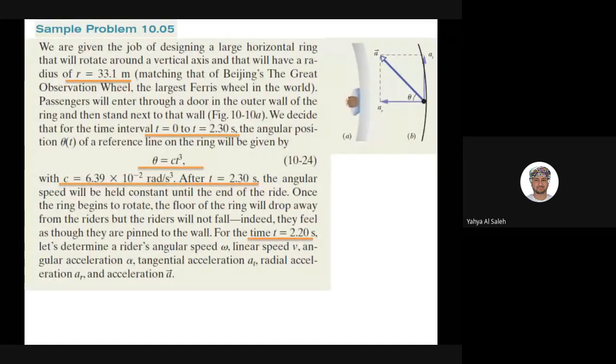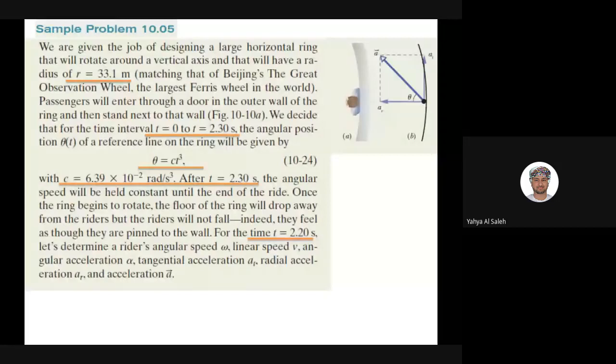Once the ring begins to rotate, the floor of the ring will drop away from the riders, but the riders will not fall. What they will feel is as if they are pinned to the wall, of course, due to centripetal acceleration.